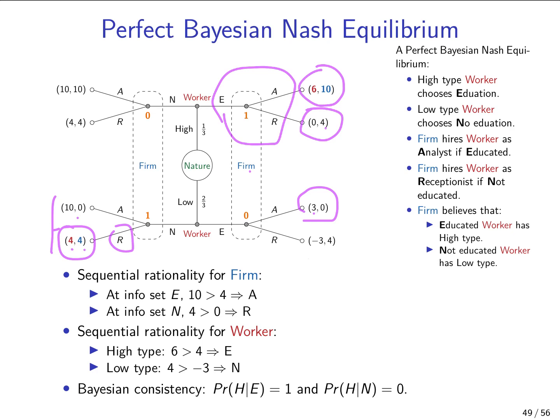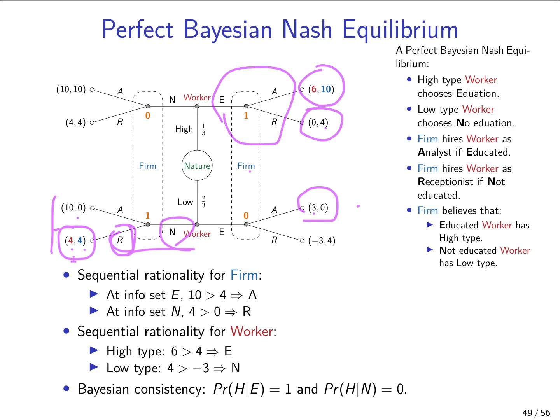So sequential rationality means the worker is choosing no education, wanting to be here instead of here. If a strategy profile and belief satisfy sequential rationality and Bayesian consistency, it is going to be a perfect Bayesian Nash equilibrium.